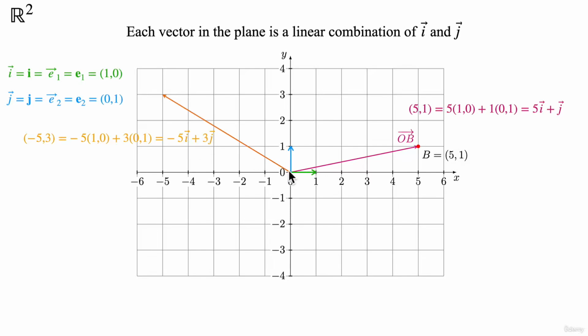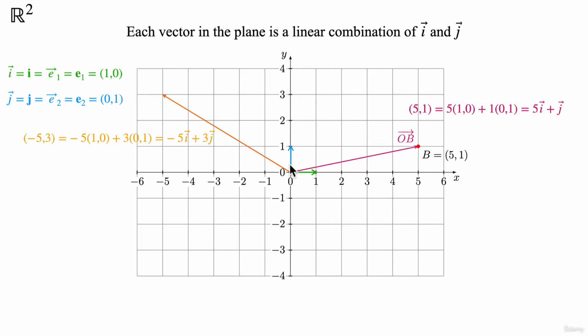Why? Because this rectangle here, with the diagonal being our vector -5, 3, is of course a parallelogram with sides. The first one is 5 units to the left of our vector I, and the second side is 3 units up, 3 units up.